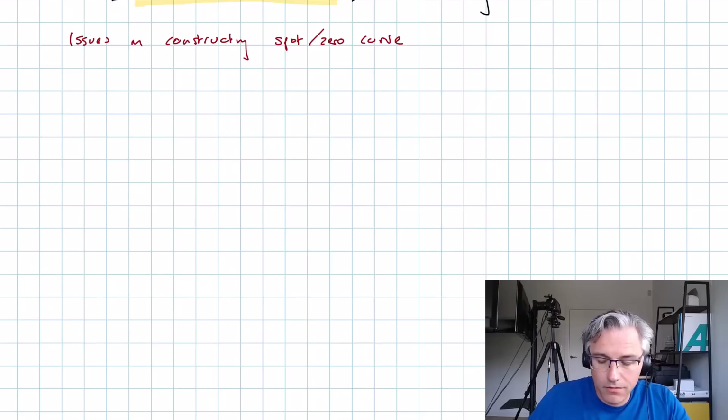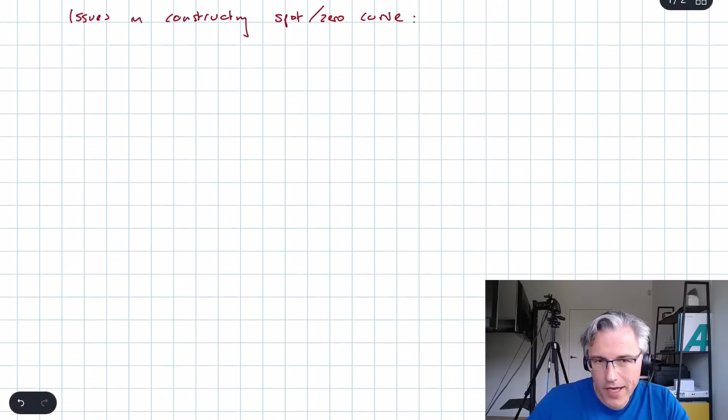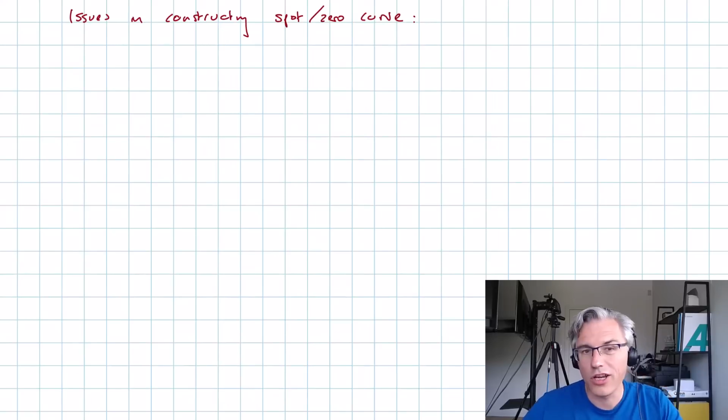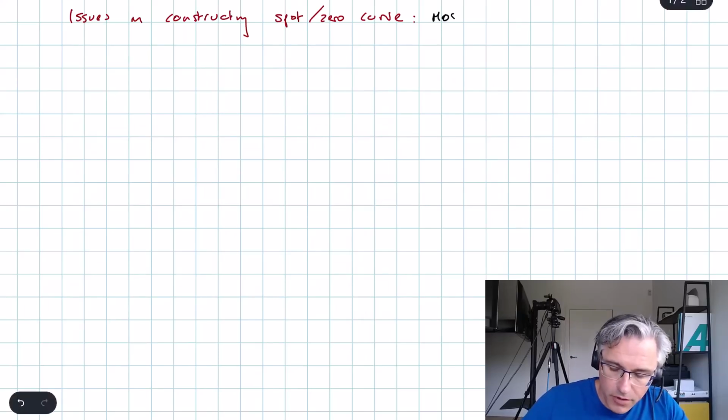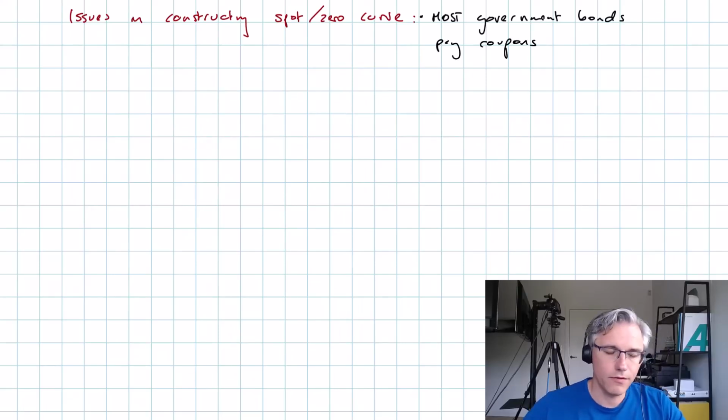The problem is, in theory you should be using zero coupon bonds, and in reality you typically don't get that many zero coupon bonds trading, especially government issued zero coupon bonds. So most government bonds actually pay coupons. There are ways to go around this. You can do something called bootstrapping, but it's a bit problematic.